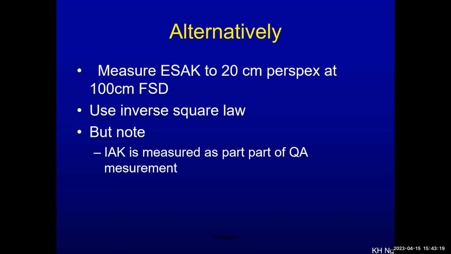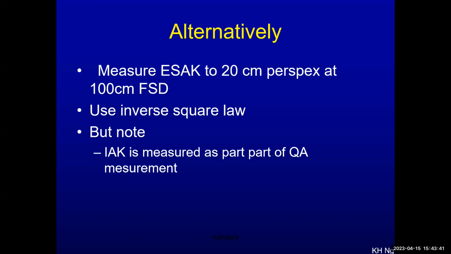Another way is to measure the ESAK at 20 cm per mAs at 100 cm FFD. We assume that 20 cm simulates the patient's body, and then we use the inverse square law to do that. Okay, just take note. The incident air kerma is what we normally do.